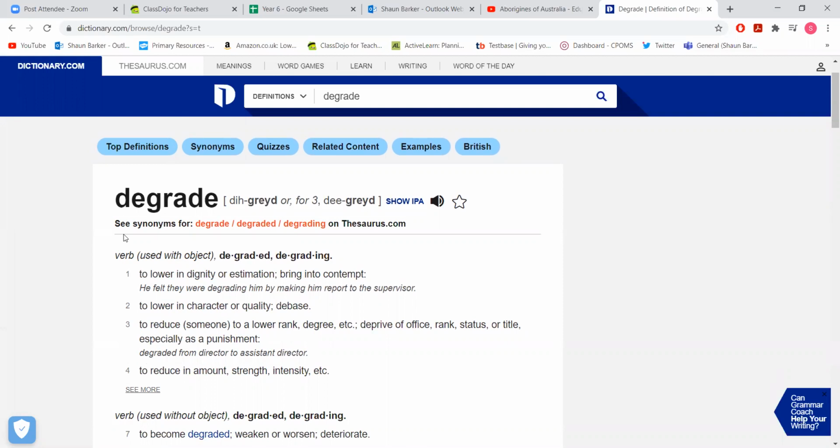He said that the Aborigines were degraded, didn't he? So, to lower dignity or estimation, to lower in character, to reduce someone to a lower rank. I suppose that's what it was, wasn't it? They were degraded, to reduce the amount, the strength, the intensity of them, the amount of the actual people as well. So that's what degrade means in this sense of the word.